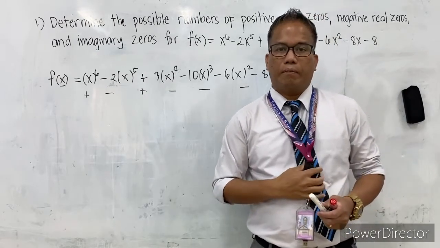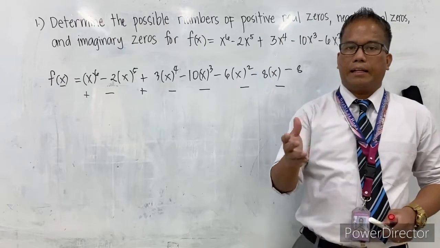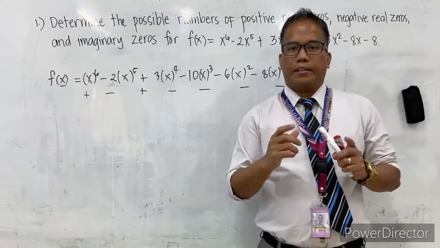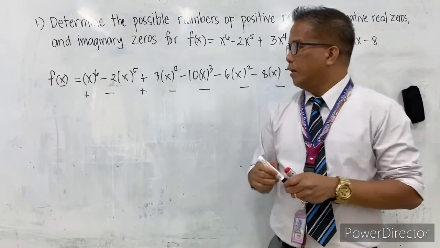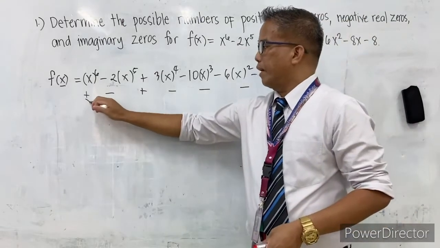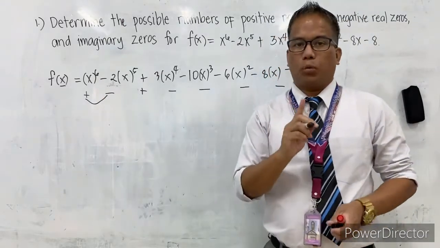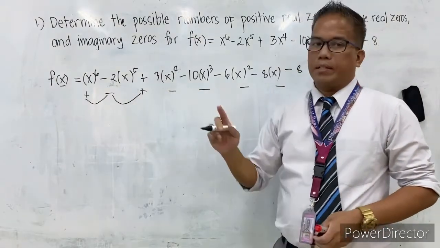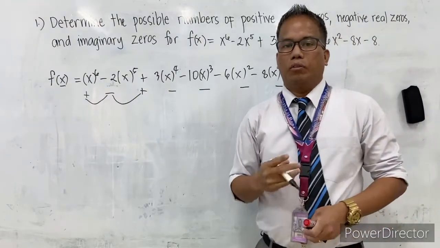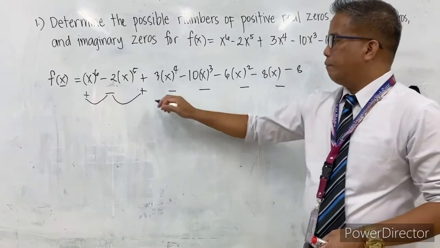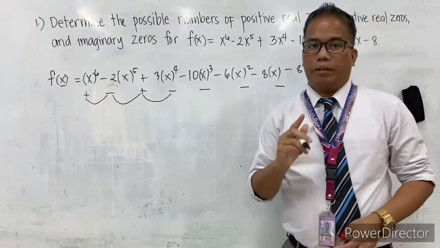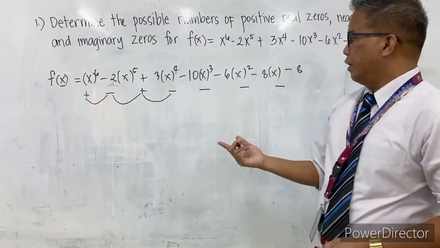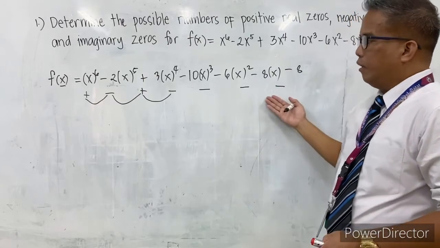To identify the variations, just look at the alternating signs. Positive, negative is counted as one variation. We also have negative, positive, so we now have 2 variations. Then positive, negative, so we have 3 variations. And here no more.